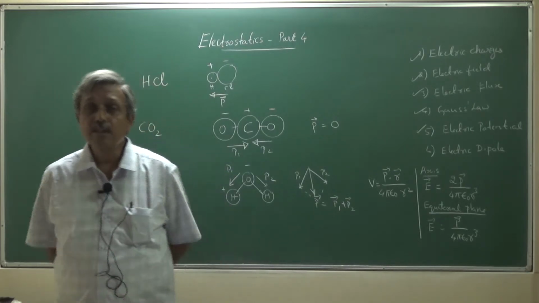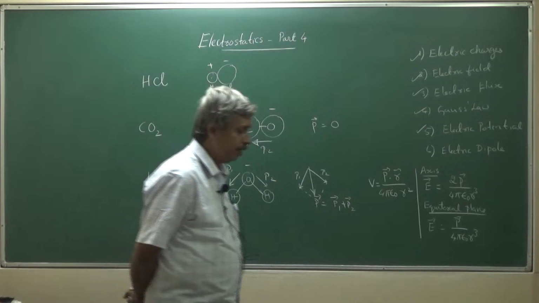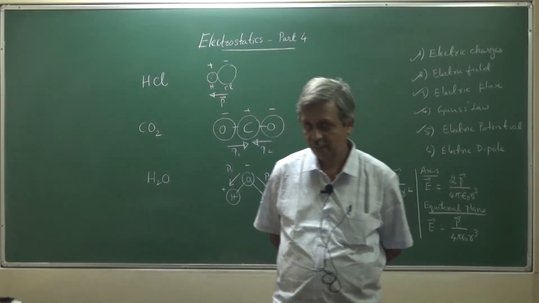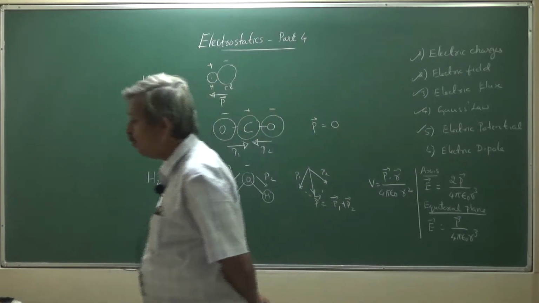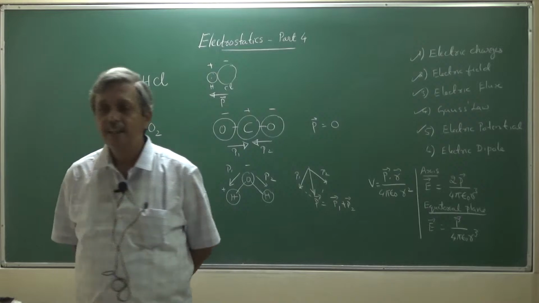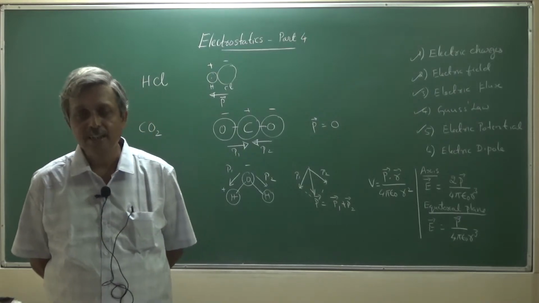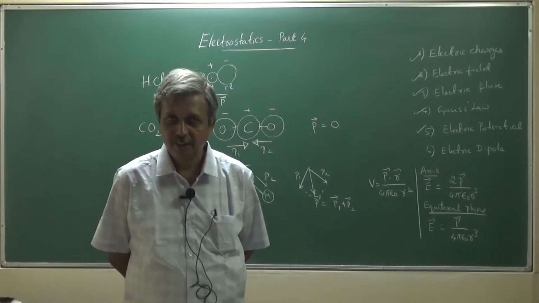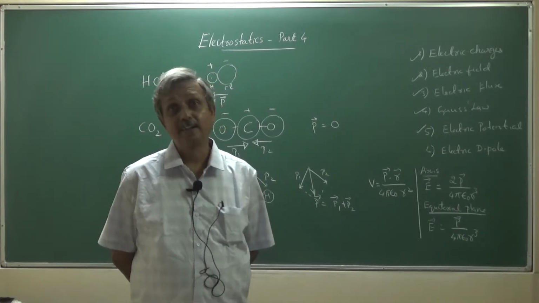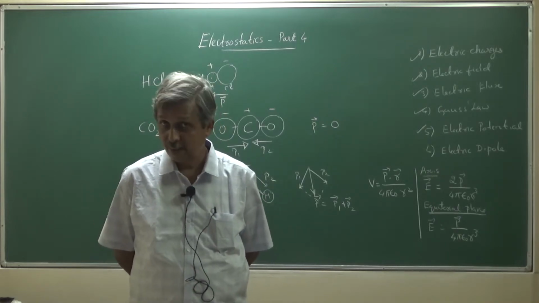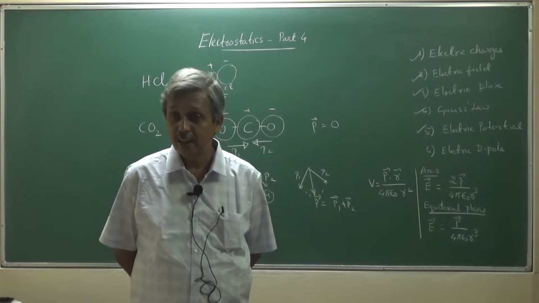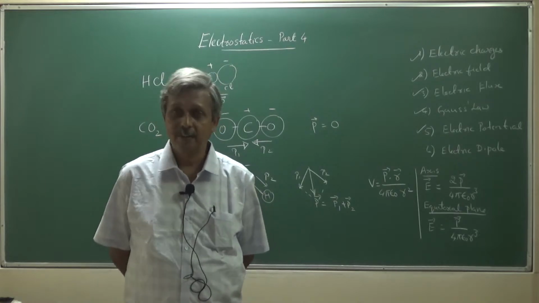Now that you understood what is a dipole and what is a dipole moment: till now we have always been thinking about charges, and when we talk about charges, we talk about one single charge. Now here there are two charges, equal but opposite.